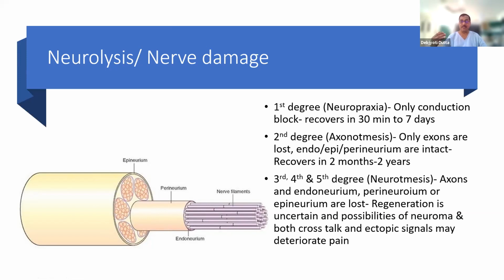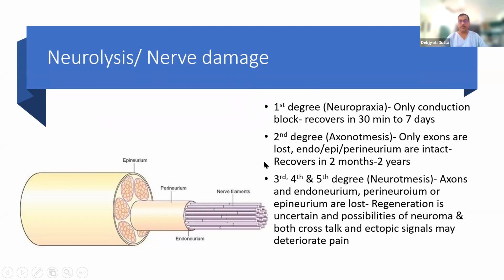And even if there is regeneration, there will always be very serious deafferentation pain. 5th degree, when it is discontinued or separated, then chances of regeneration are not there. So 5th degree, chances of recovery are not there. 3rd and 4th degree, recovery is there with some side effects, meaning there is deafferentation pain. 2nd degree, perfect regeneration without any complications or side effects. And the 1st degree is only a temporary conduction block.